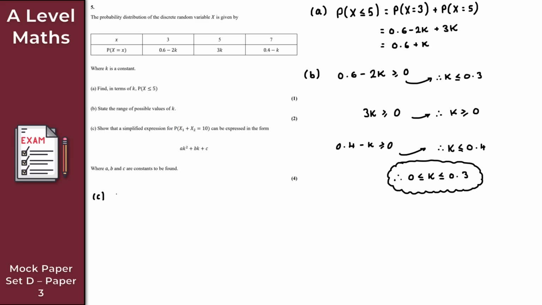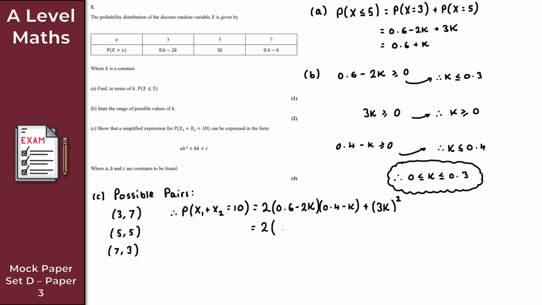So for this bit here, we'll keep the 2 on the outside for now. So 0.6 times 0.4, that is 0.24. 0.24 there. 0.6 times minus k, so that's minus 0.6k. Minus 2k times 0.4, so that's minus 0.8k. So altogether, once you simplify, we've got minus 1.4k.